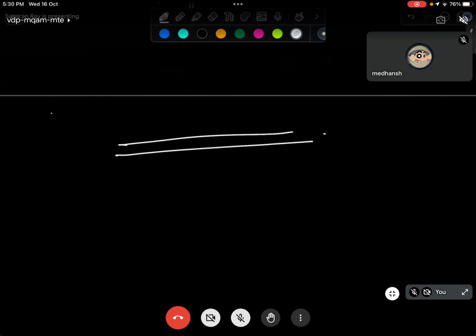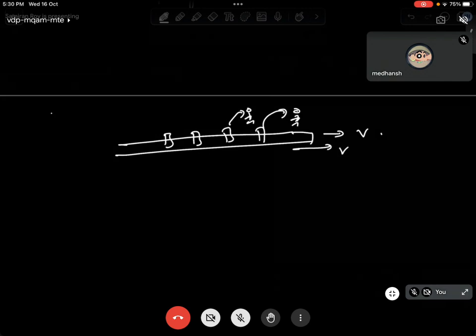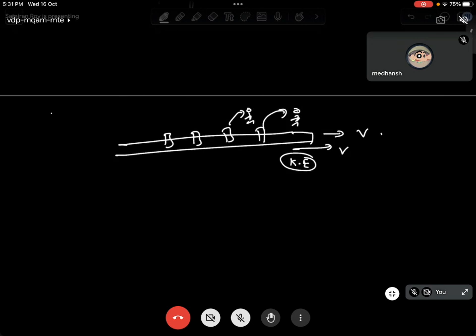There is a conveyor belt which is moving with some velocity, and there is so much luggage. One person picks up, another person picks up. Now, if I consider this conveyor belt moving with some velocity, that means it needs some kinetic energy to move with that velocity. That kinetic energy is provided by some electrical source.